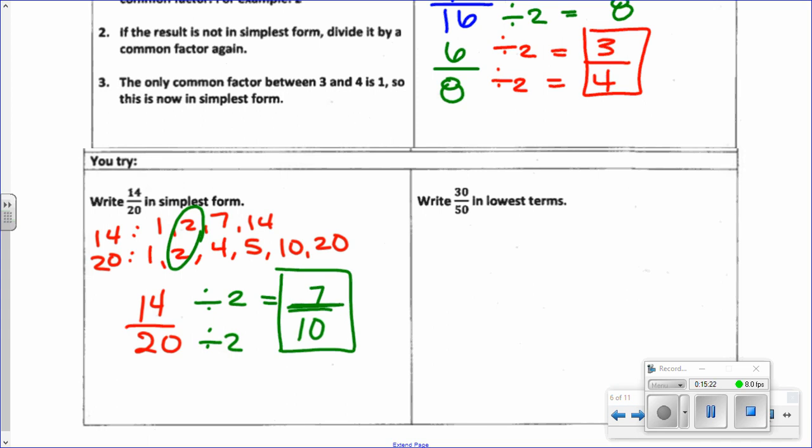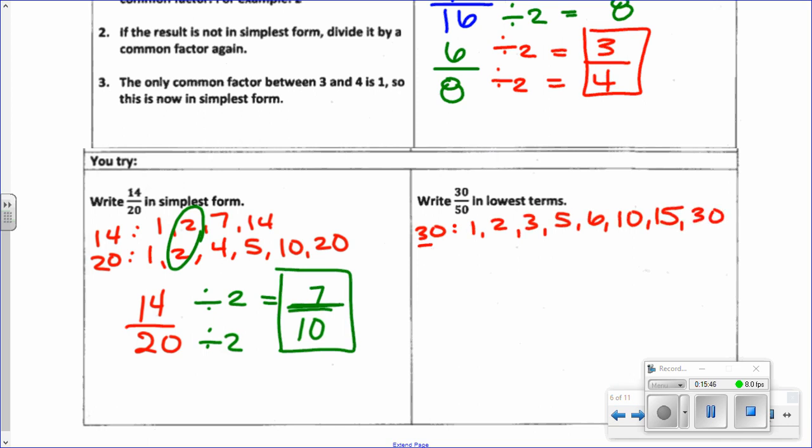All right, so the next one, let's see, so the factors of 30, you should have got 1, 2, 3, 5, 6, 10, 15, and 30.